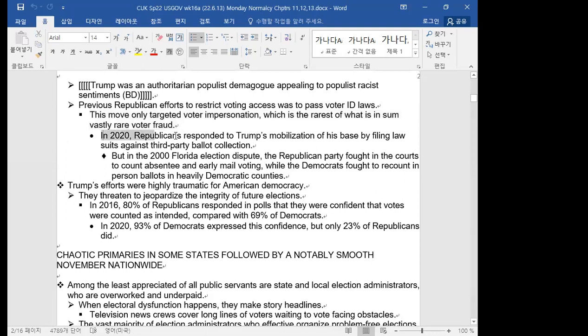In 2020, Republicans responded to Trump's mobilization of his base by filing lawsuits against third-party ballot collection. One person has gone to prison for third-party ballot collection. Republicans call this ballot harvesting. I can try to get you, as a poor person, maybe old, you can't walk because you're very old, to fill out your ballot in your apartment, and I take the ballots.